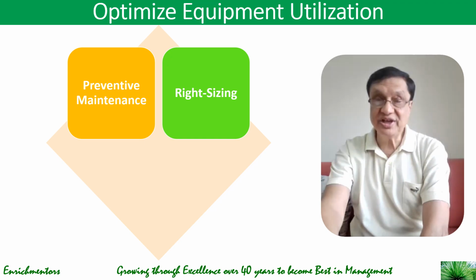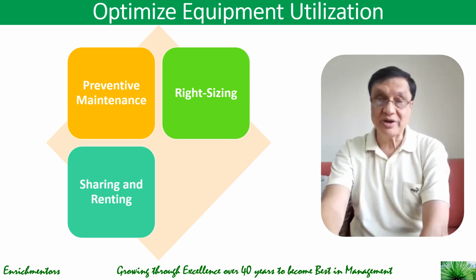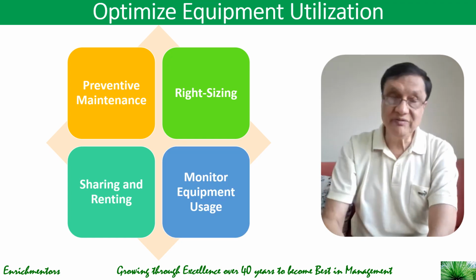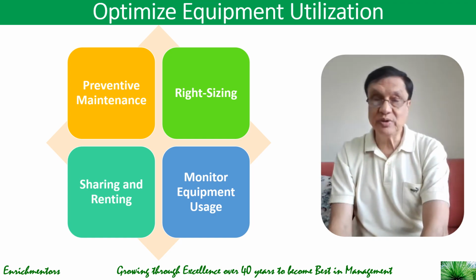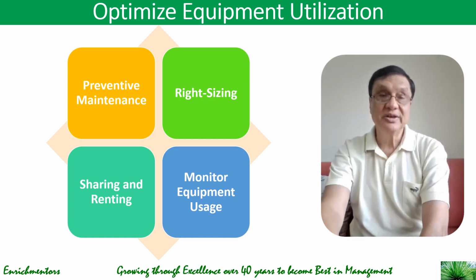Sharing and renting: share equipment across projects or rent instead of purchasing for short-term needs. And monitor equipment usage, using GPS and telematics to track usage, fuel consumption, and idle time, and optimize routes for equipment transport to save time and fuel. So these are a few important ways to optimize equipment utilization.